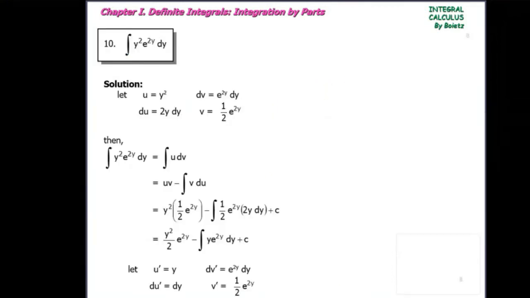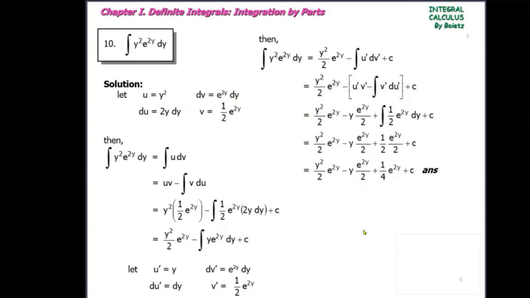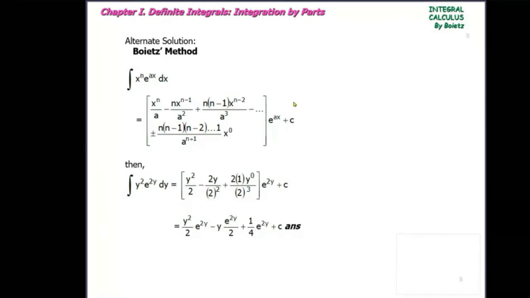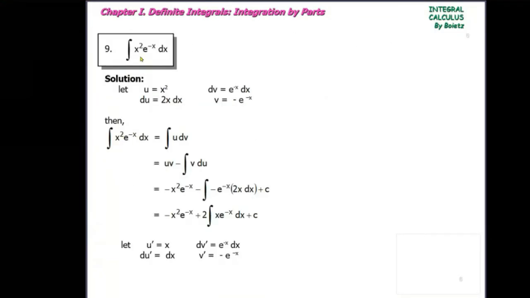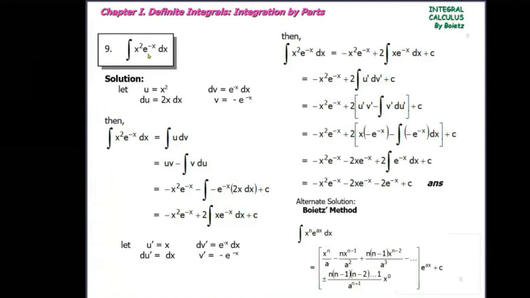Then, ito rin. Similar. Itong solution na to, similar lang din ito. Okay? So, naging y squared e to the 2x na rin. So, almost similar din yan. Yan din ang lalabas. Ganyan din ang klase ng solution pala yan. Same. Pares na pares nung kabila yan. O, x squared e to the negative x.